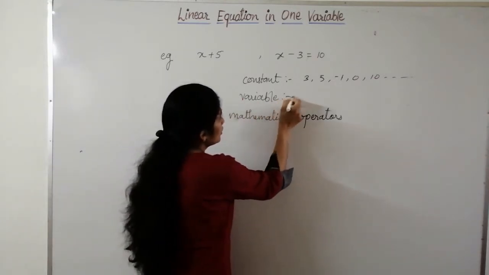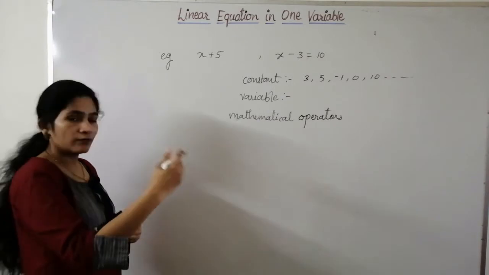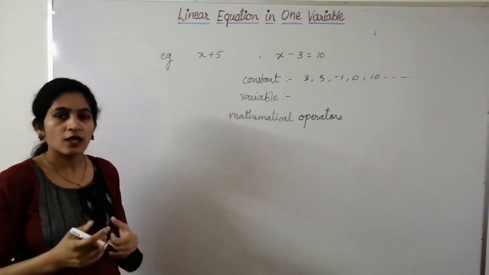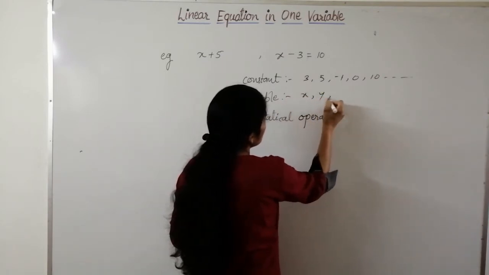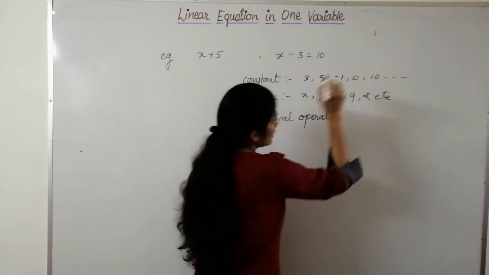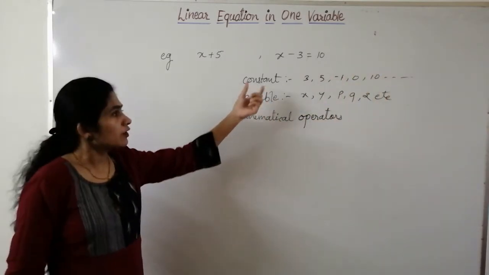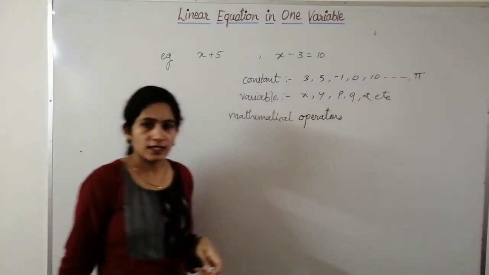Now variable. So variable is a symbol which takes numerous values. Means its value changes. It doesn't have constant value. Example, this variable is denoted by letter x, y, p, q, z, etc. Example of constant is pi. You know pi in mathematics, right?